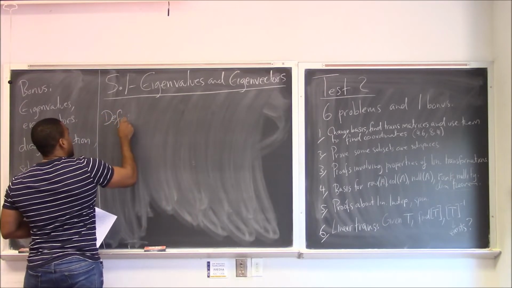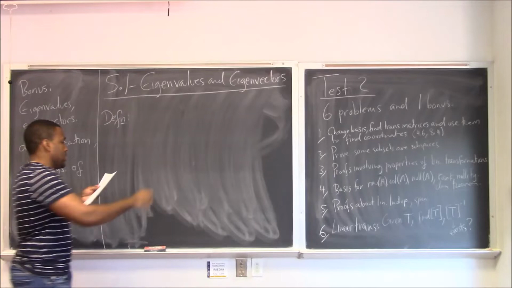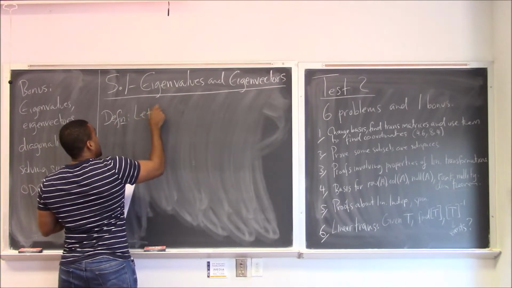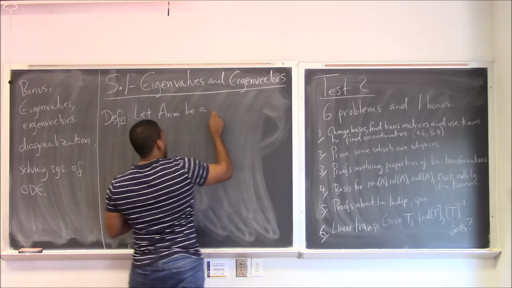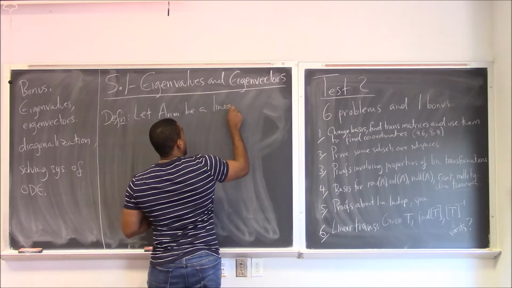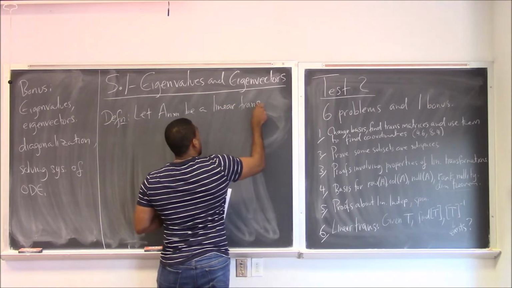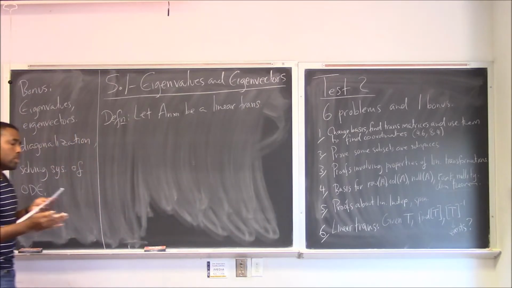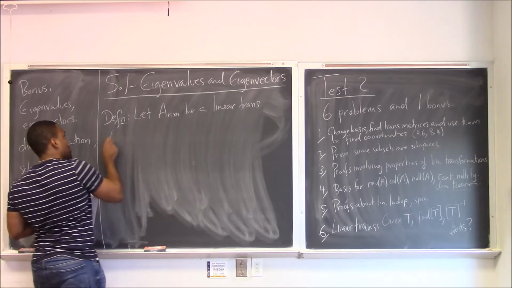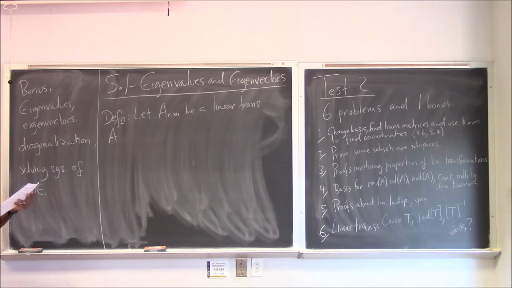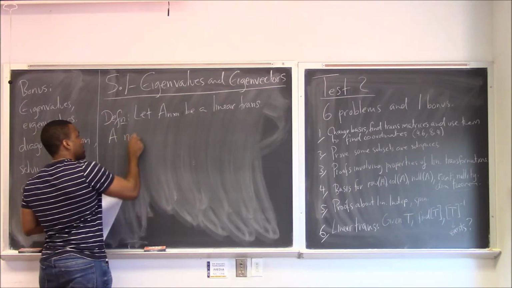Definition. We'll talk about it. Let A, n by n, be a linear transformation. So we're going to take the geometric point of view for the most part. So that's kind of the picture I want you to have in your head. But there are a lot of non-geometrical applications, and we'll discuss some.